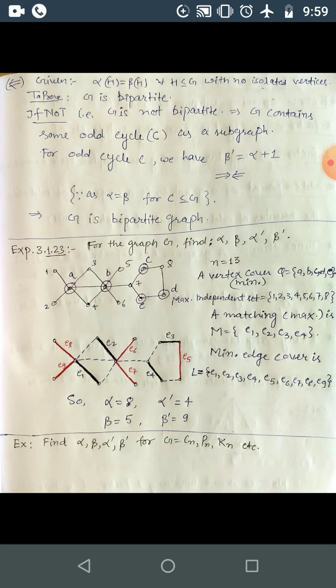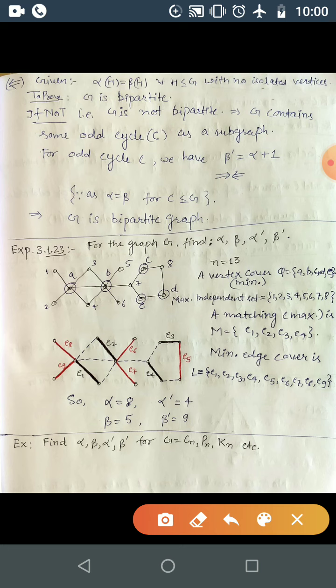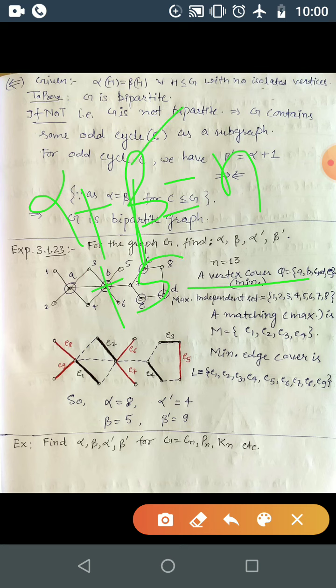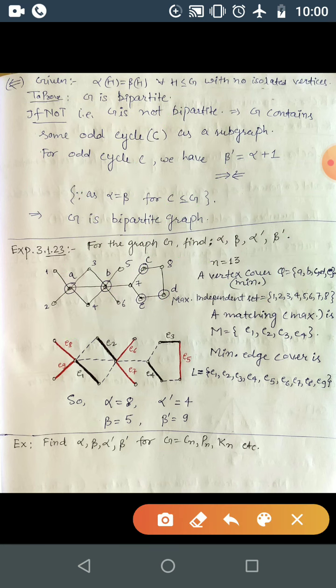Okay, and cardinality of this independent set is 8, and cardinality of minimum vertex cover is 5. So 5 plus 8, for every graph we have alpha plus beta is equal to n. So minimum vertex cover is beta, that is 5, and here we have maximum independent set cardinality is 8. So 8 plus 5 is 13 and we got 13, correct? So means to say we are correct.